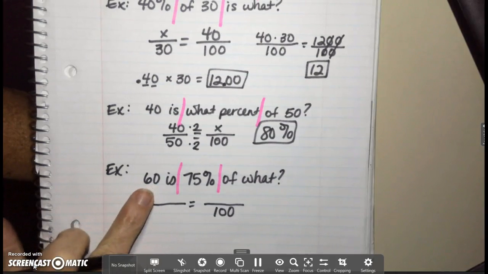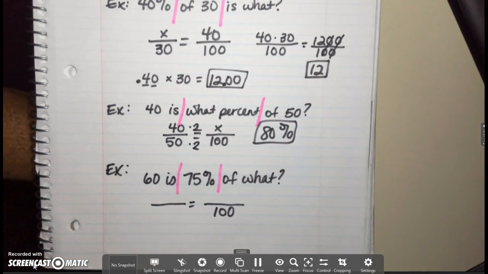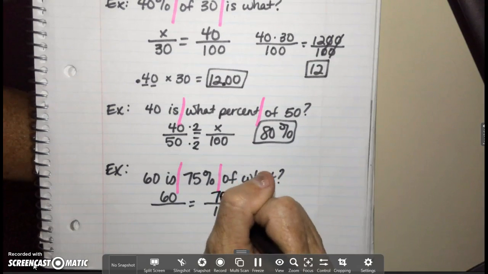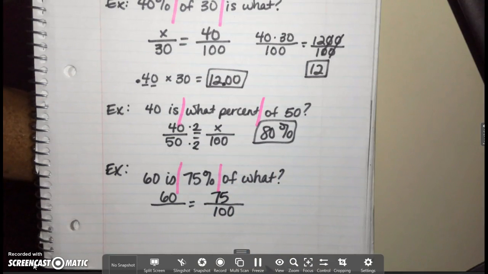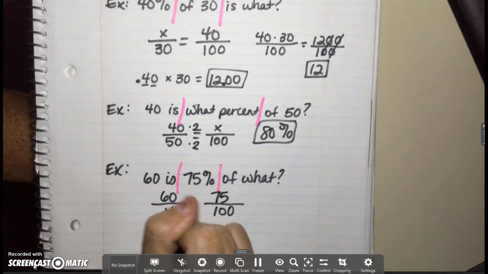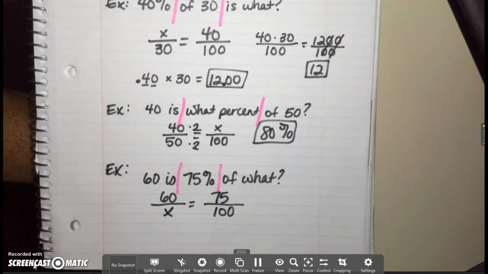What goes up here? 60, because that's our is. That's our partial, right? What's 75? Our whole or our percent? Percent, so where does it go? Above the 100, always. And then of what? Of is our total. Do we know what that is? Nope. Okay. So that's where I'm going to use an X.